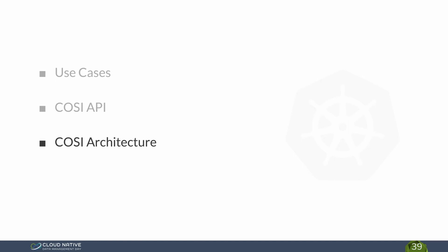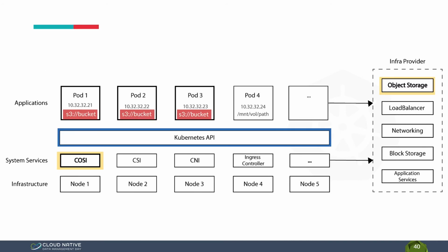Now let's go and explore how COSI itself is built internally, and how any vendor can become COSI compatible and start providing their object storage service in any Kubernetes cluster. So let's go back to this diagram again. I'm using this diagram again because it acts as a good segue to go from one topic to another.